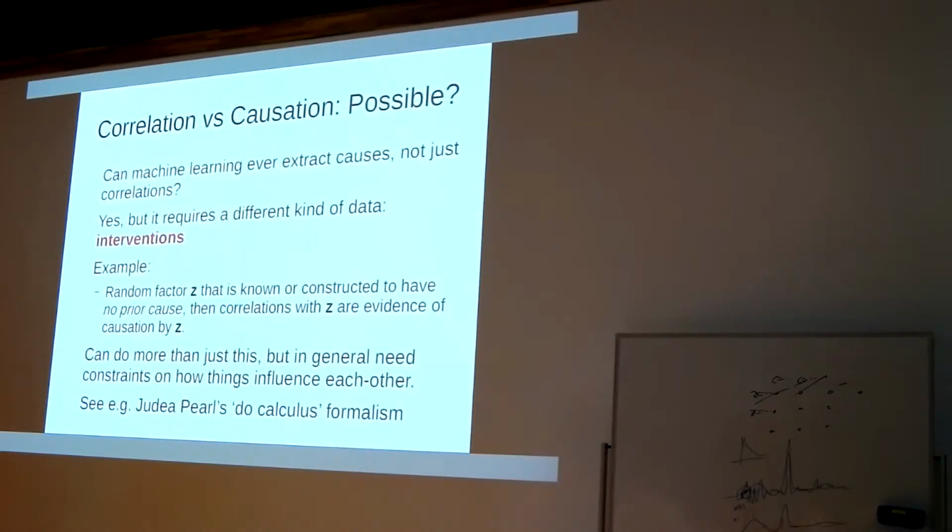All right, so having said that, is it actually possible to do causation with machine learning? At least one way to do it is that you actually have data about interventions. So you've got your proposed medical intervention, and you try it, and you collect a data set that has a mix of cases where you've intervened and cases where you haven't. Now you can ask, what is the difference in the statistics between the interventional case and the non-interventional case?